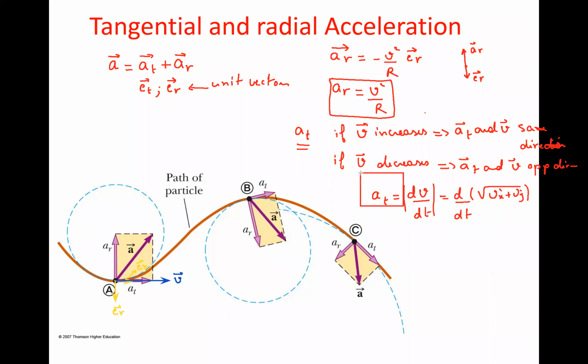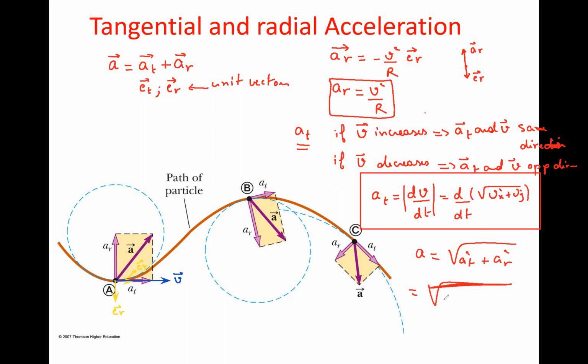Here we have two principal equations of AR and AT. In general, the magnitude of A equals the square root of A tangent square plus A R square. So you can calculate easily.